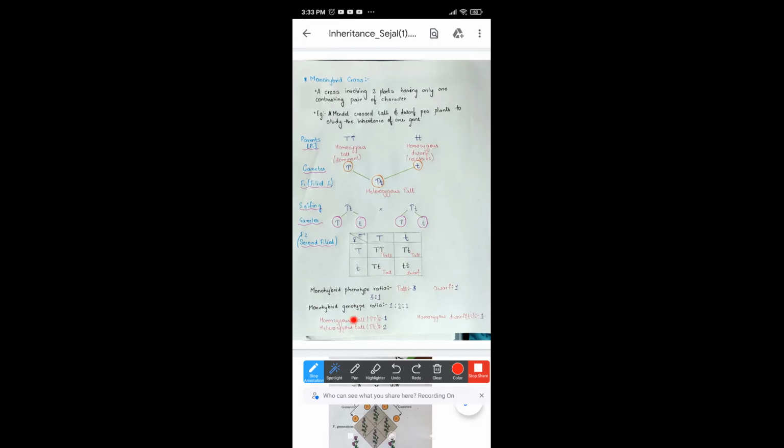And the monohybrid genotypic ratio is: one homozygous tall, that is two capital T's; two heterozygous tall, that is one capital T and one small t; and one homozygous dwarf, two small t's. So the ratio becomes 1:2:1.